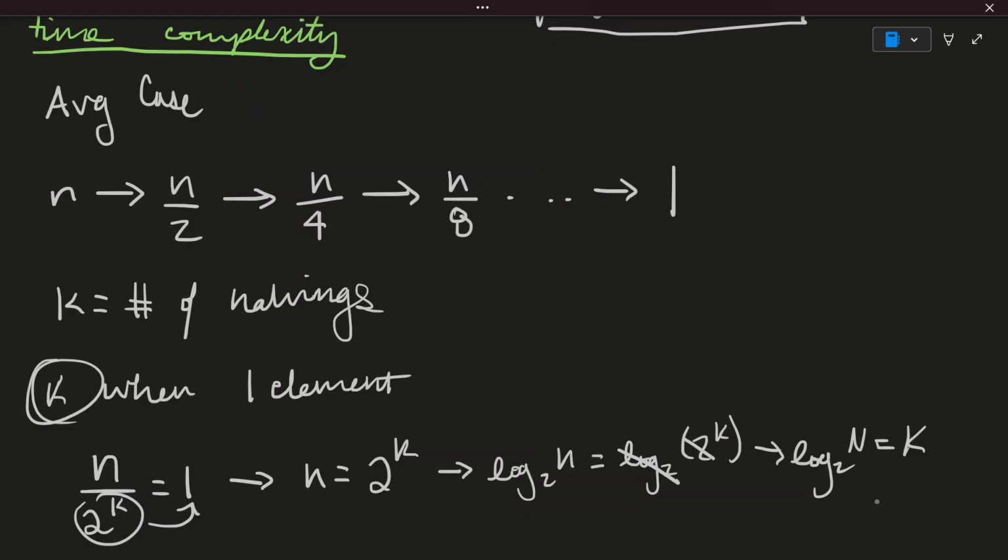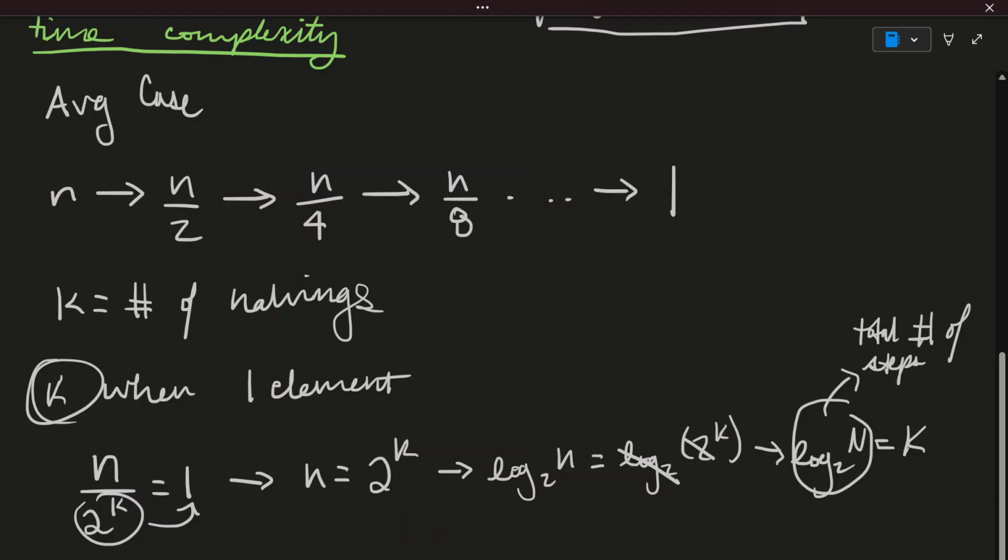So this is the total number of steps that binary search has to go through before it finds its key, basically. And the work per step is constant.